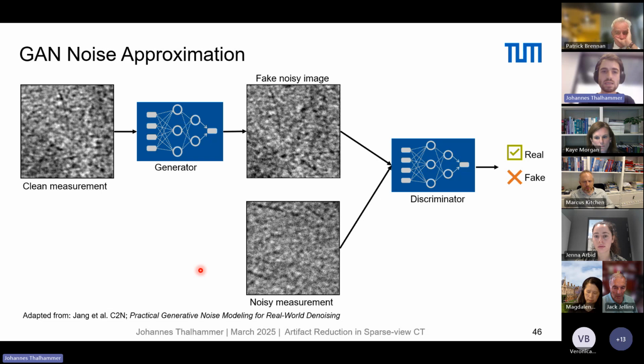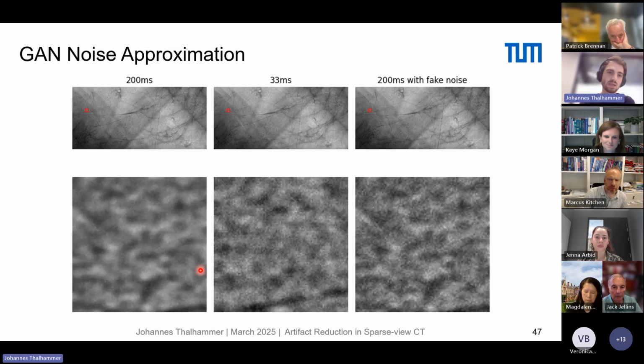And then you train both networks jointly, and the generator gets better and better at producing fake noisy images, while the discriminator gets better and better at finding out which image is fake and which one is actually a noisy measurement. And with that, you can train this generator to produce realistically looking noisy images, or kind of estimate this noise mapping.